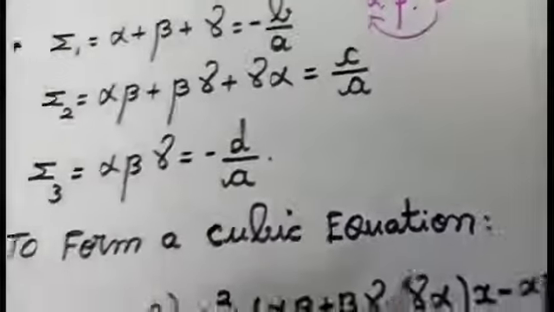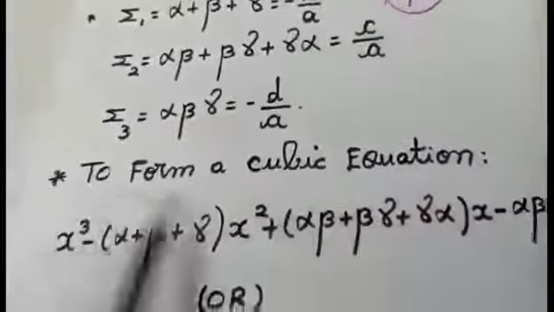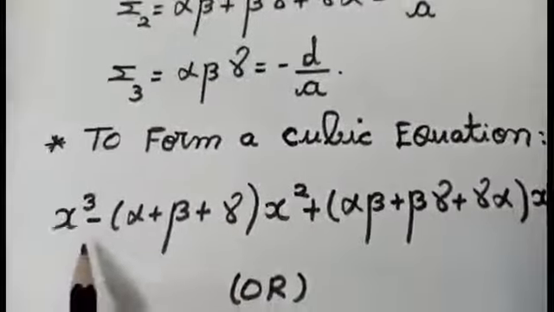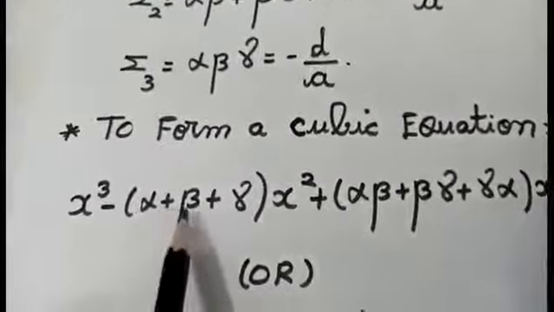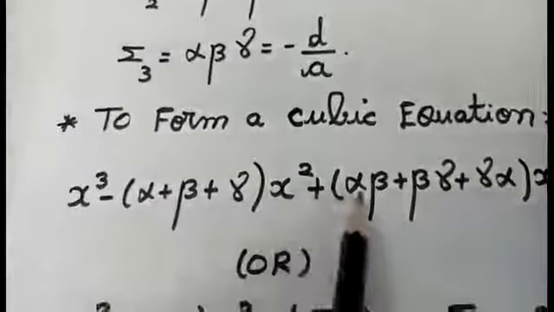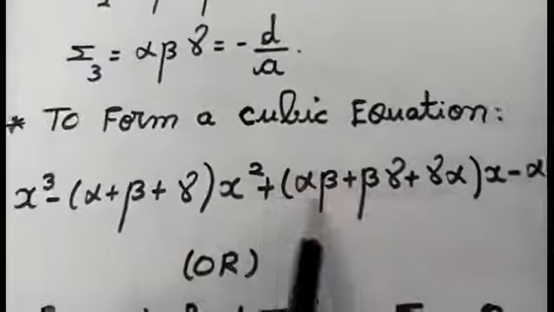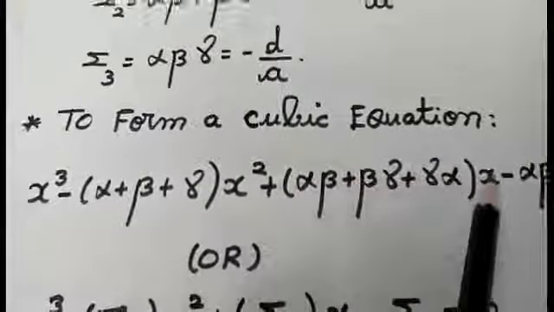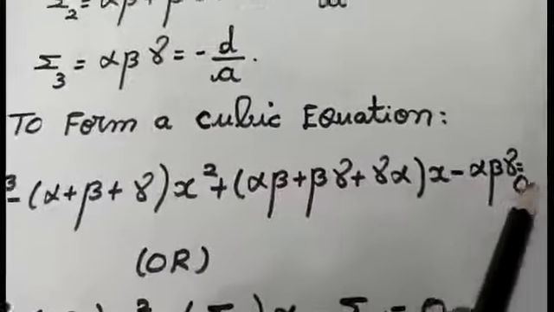To form a cubic equation, I am going to write like this, that is x cube minus (alpha plus beta plus gamma) x square plus, whatever I have paired here for summation 2, I am going to write here, x minus alpha beta gamma equal to 0.